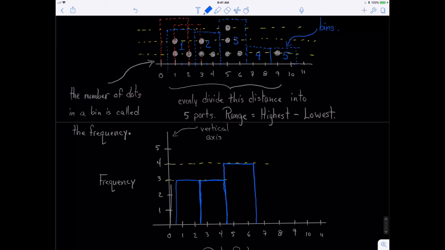Now our next bin from 6.5 to 8.5, there's none. And sometimes what people will do just for clarity is they'll put just a little line across that segment, just to represent that they recognize that there's nothing in there. And then our last one, there's 1 dot in the bin from 8.5 to 10.5.